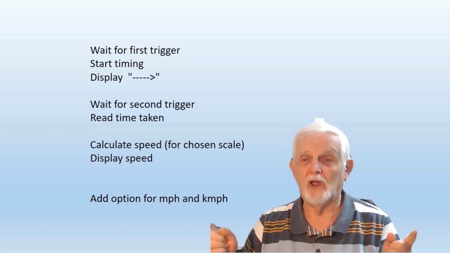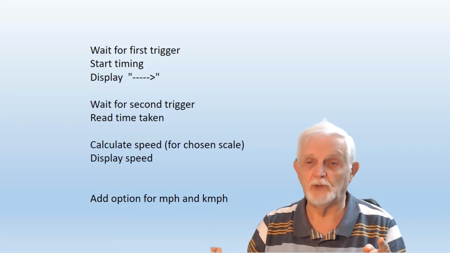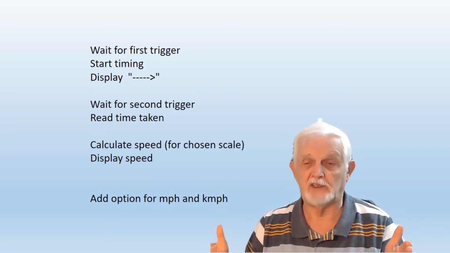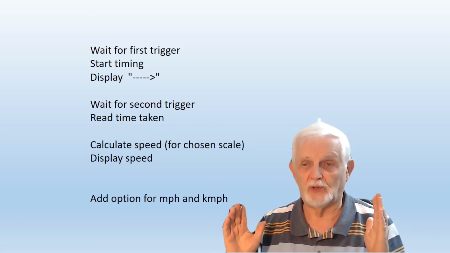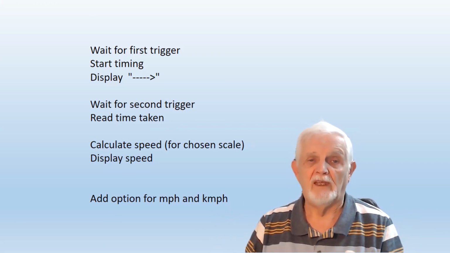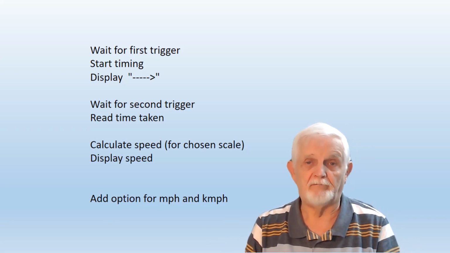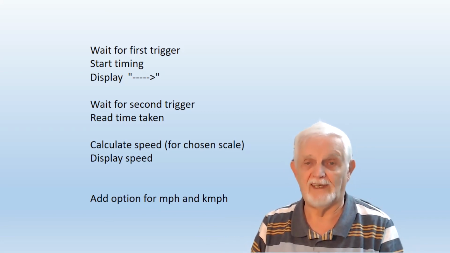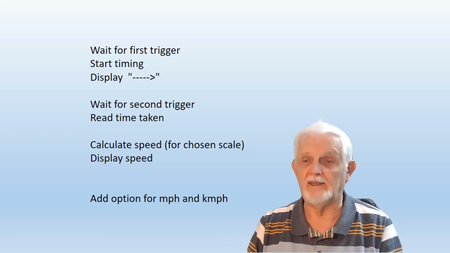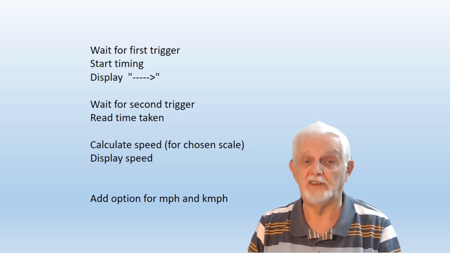I now know the distance between my two detectors, 36 inches. So I know I've got a yard of distance, and I now know the amount of time taken. So I can use the formula we looked at earlier to calculate the speed and then display it on that LCD screen.